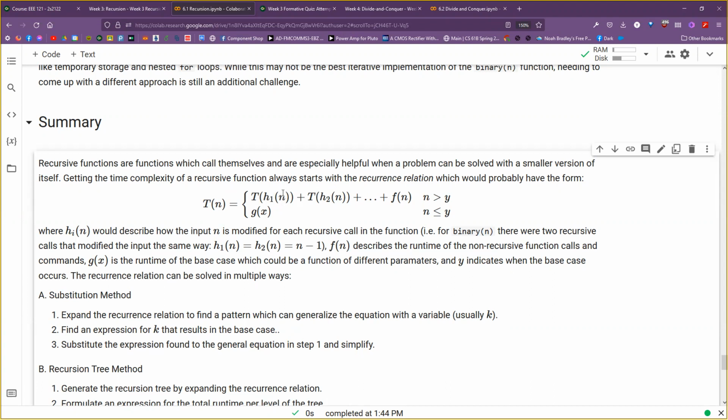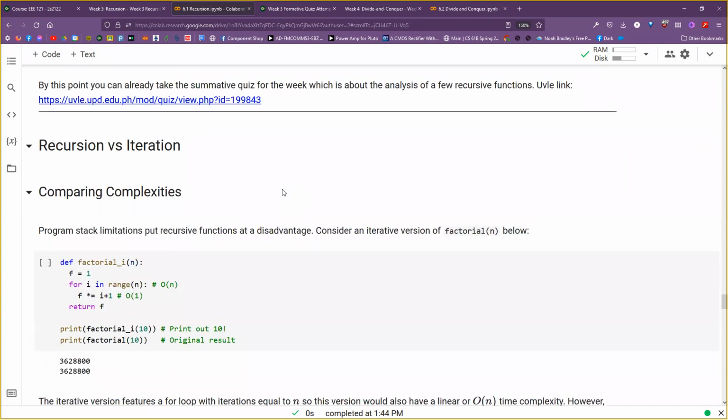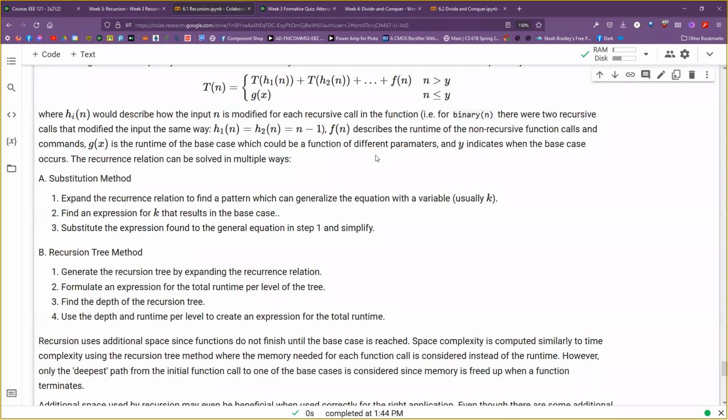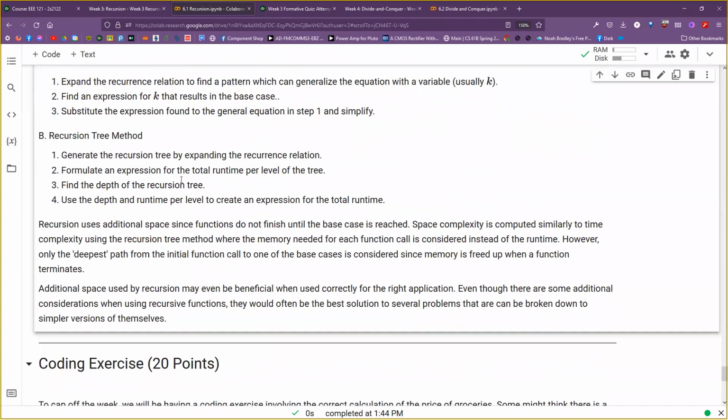So in this case, yung ating factorial is just n-1, and then yung for the binary is dalawang n-1. So dalawang functions yun. And then naka-add lang together. And then ayun, plus a time dito for the non-recursive na calls dun sa ating function. Then we have two methods to simplify yung recurrence relation para makuha time complexity.